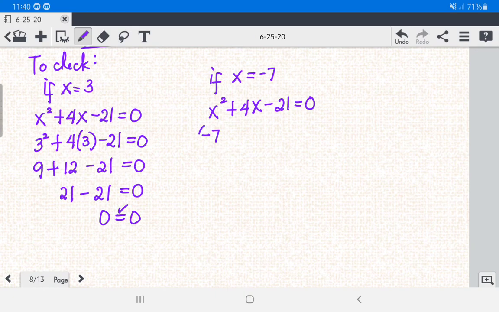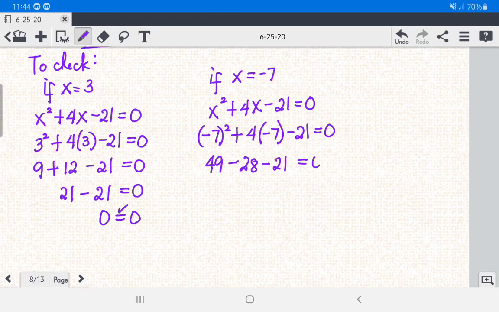So we have negative 7 squared plus 4 times negative 7 minus 21 equals 0. Then negative 7 squared, we have 49. Then 4 times negative 7, we have negative 28. Then minus 21 equals 0. So 49 minus 28 is 21. Minus 21 equals 0. 21 minus 21, 0 equals 0.